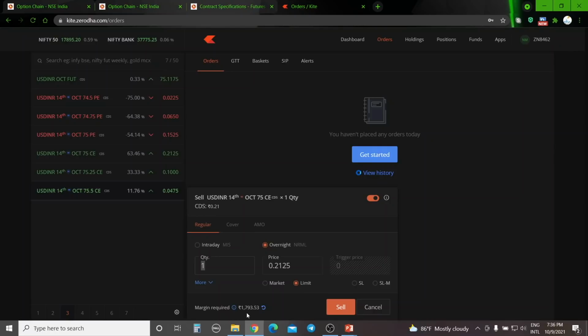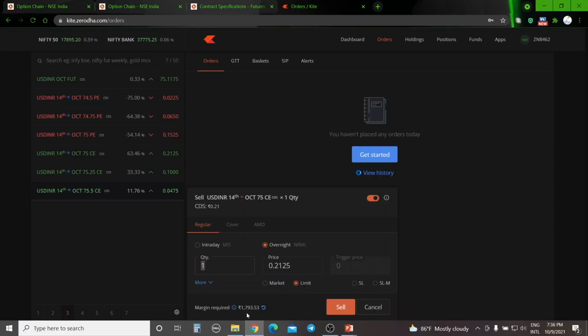If we sell one lot here, and the spot moves by 1 tick, that is 0.0025, you will gain 2.5 rupees. For about 2,000 rupees of margin, for each tick in your favor you will gain 2.5 rupees, and for each tick not in your favor you will lose 2.5 rupees.